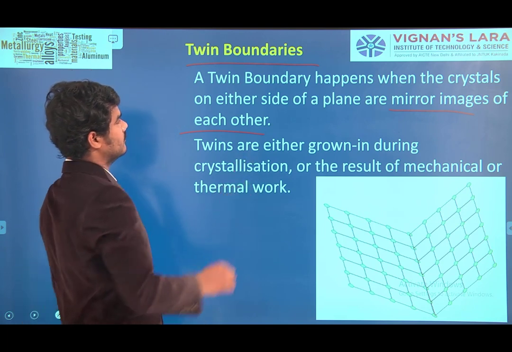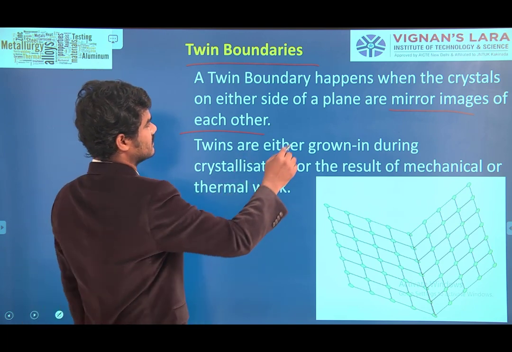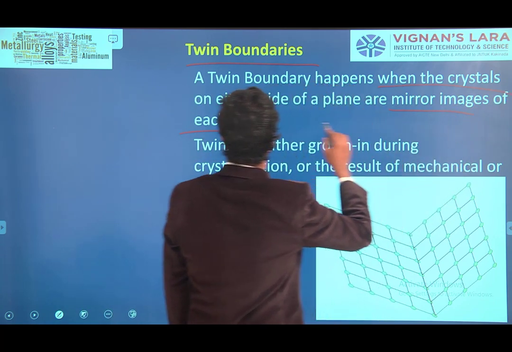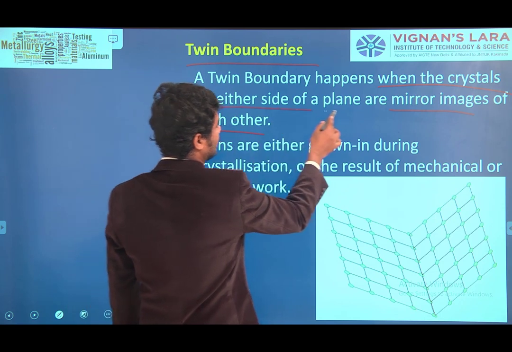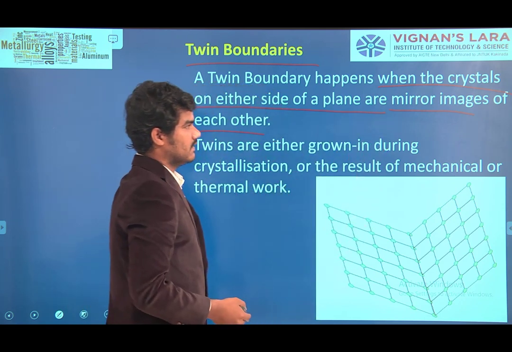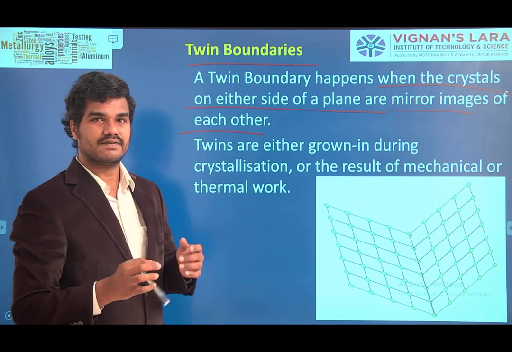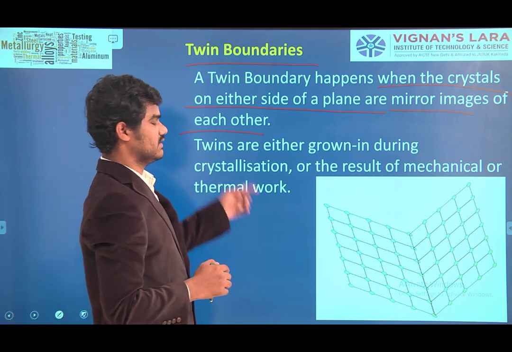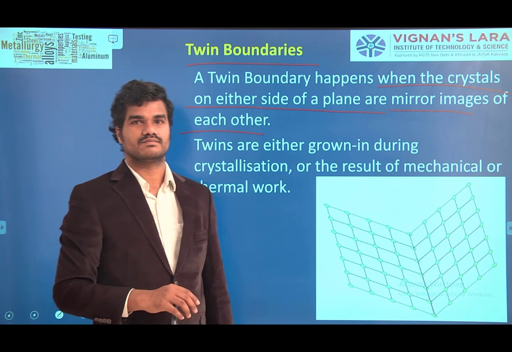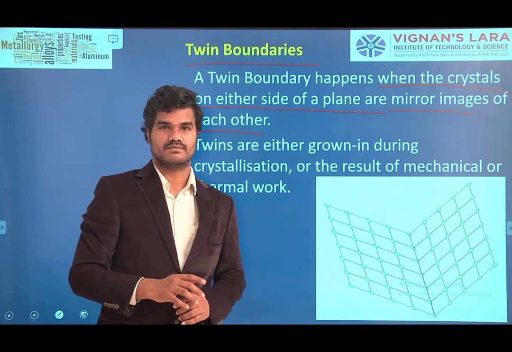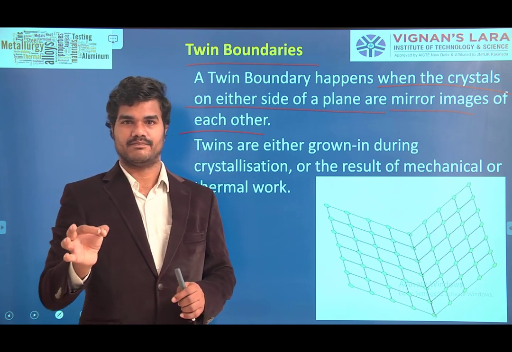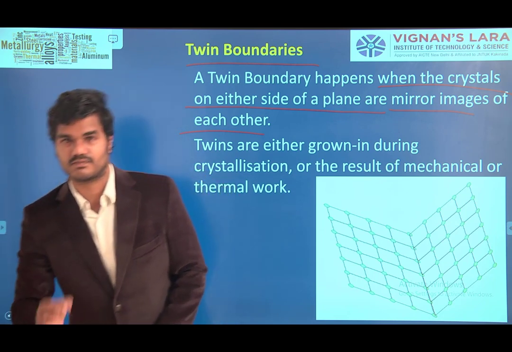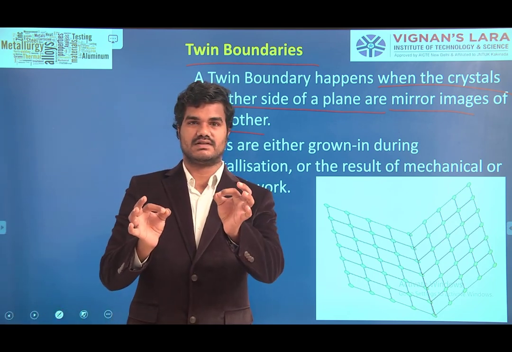The twin boundary happens when the crystals on either side of a plane are mirror images of each other. This is one crystal, this is another crystal.